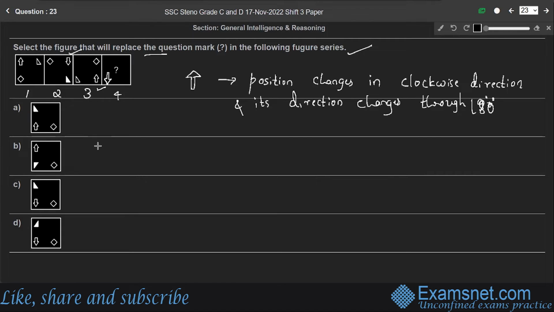So now consider the triangular symbol. In the first figure, it is at the bottom right corner. In the second figure, it comes down, but it is shaded. In the third figure, it is non-shaded.